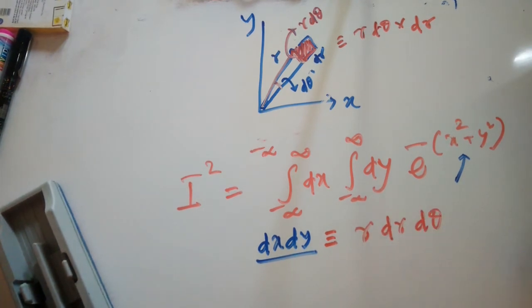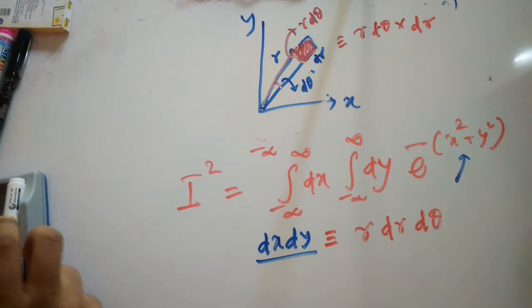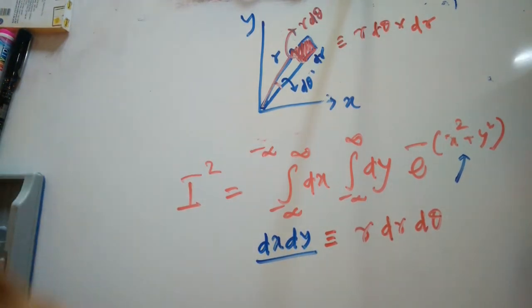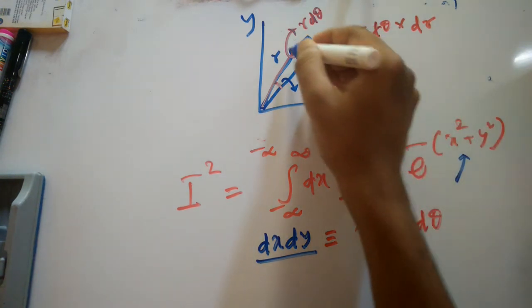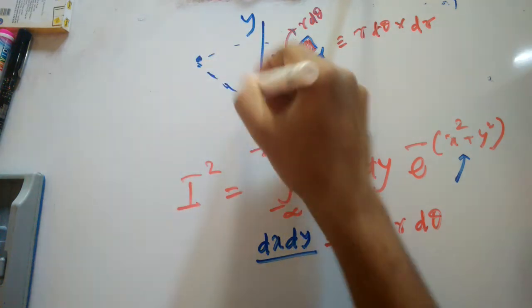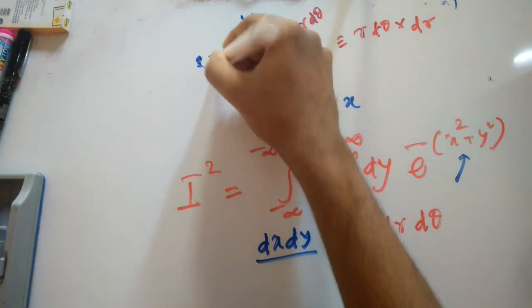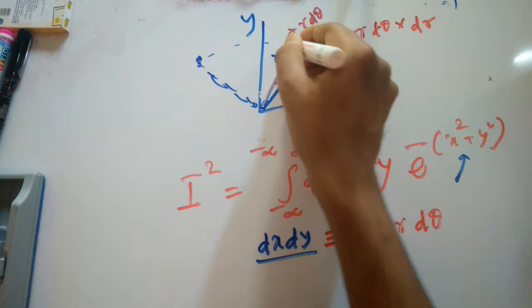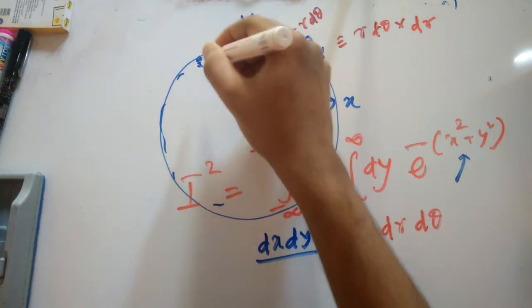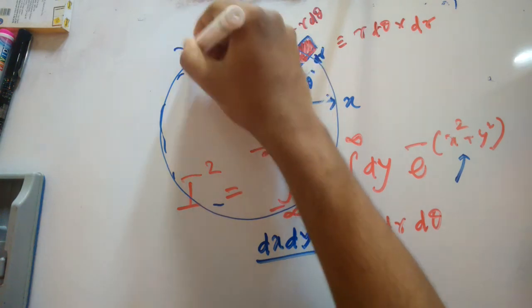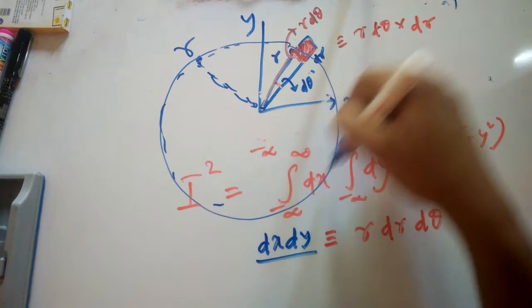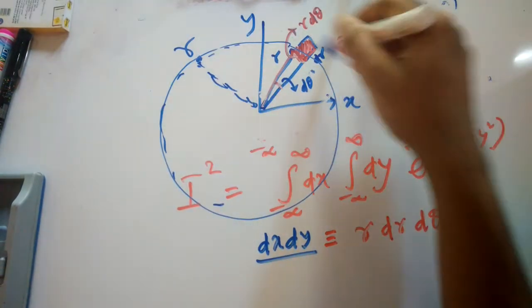And one thing I should mention here, that R is a radial distance irrespective of any direction. So within the circle, any point within the circle has a coordinate R. Okay, and the theta, of course, you can see it is actually a full circle.